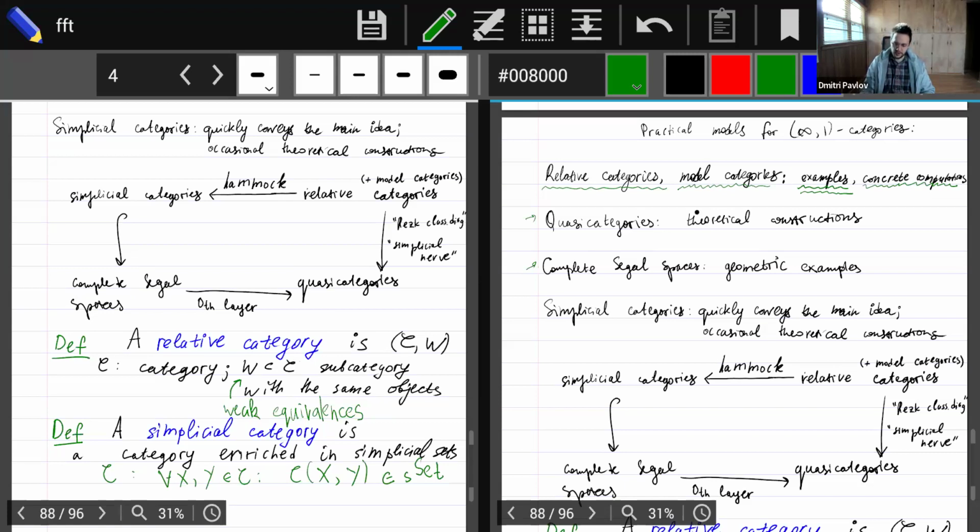Quasi-categories are very useful for theoretical constructions. In fact, quasi-categories can be organized into a model category, and fibrant objects in this model category will be precisely quasi-categories. And this model category has a bunch of very nice properties. It is a Cartesian model structure, and all objects are cofibrant in this model structure.